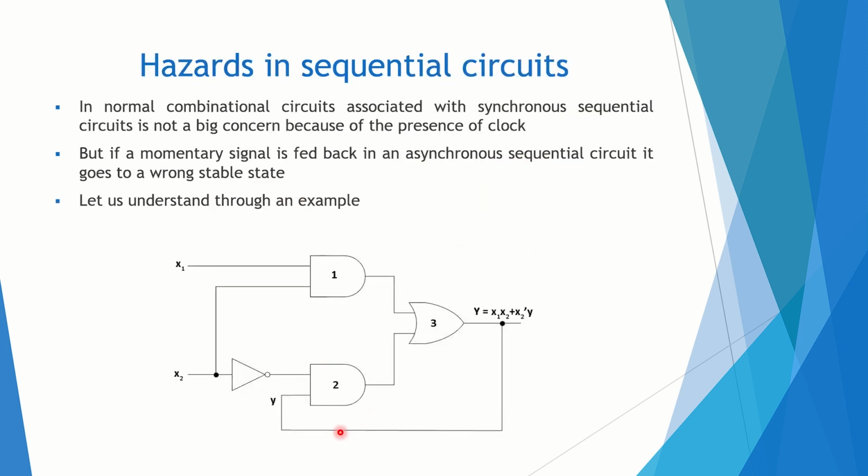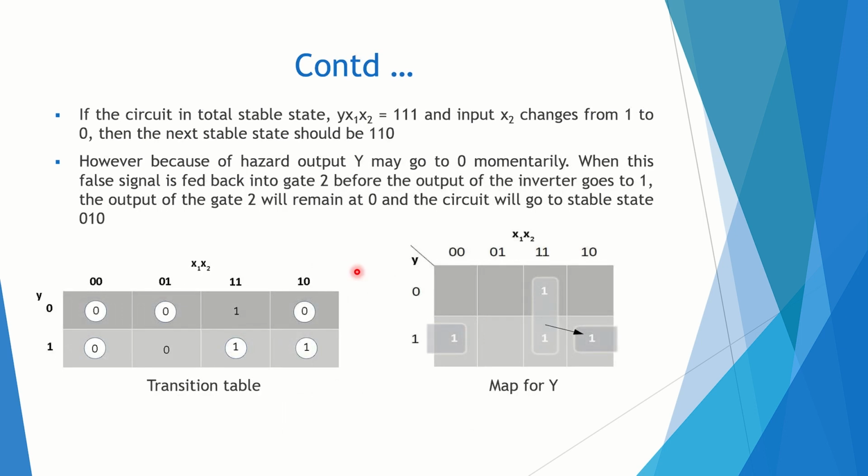Suppose this 0 is fed back here, then it gives 0 here, so the output y becomes 0. When this false signal is fed back to gate 2 before the output of the inverter goes to 1, the output of gate 2 will remain at 0, and the circuit will go to stable state 0 1 0. So instead of 1 1 0, it goes to 0 1 0.